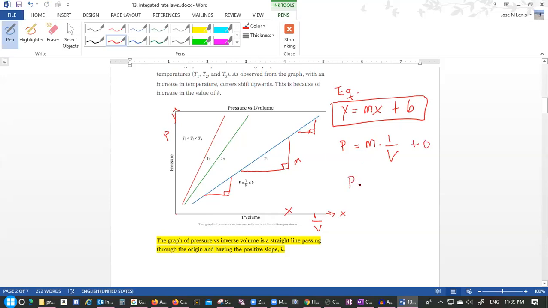So pressure equals the constant, which is the proportionality constant, times 1 over V. You can write this also. You can say P times V equals K. And what is this? Boyle's law.